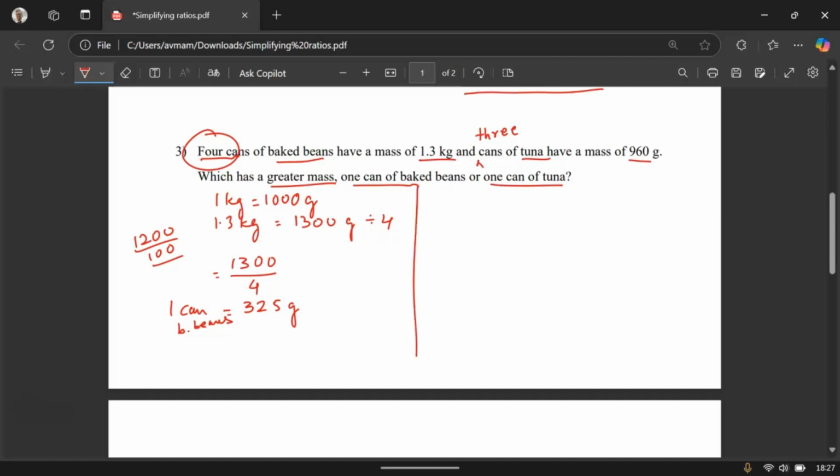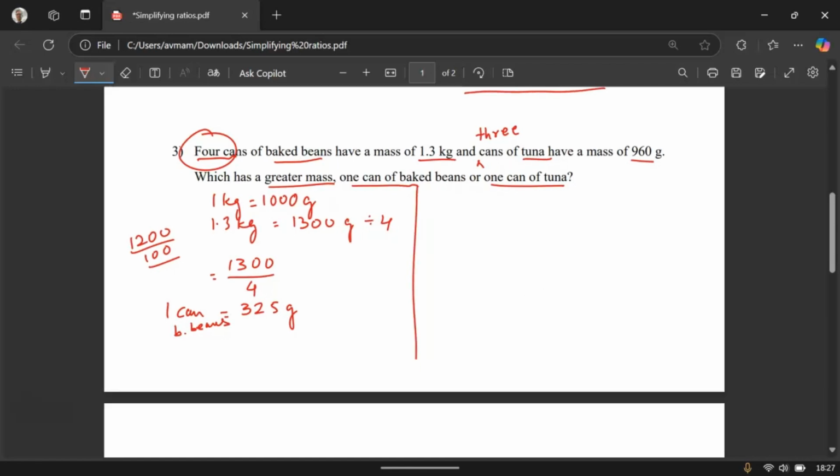In the same way, let us find the mass of 1 can of tuna. So 960 divided by 3. You will have 9 divided by 3 is 3, 6 divided by 3 is 2, and then that is 0. So 1 can of tuna is equal to 320 grams.